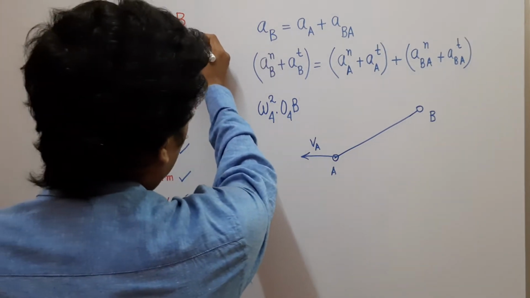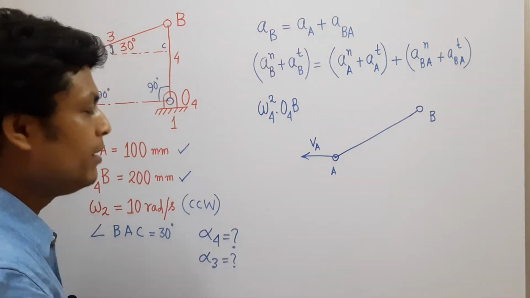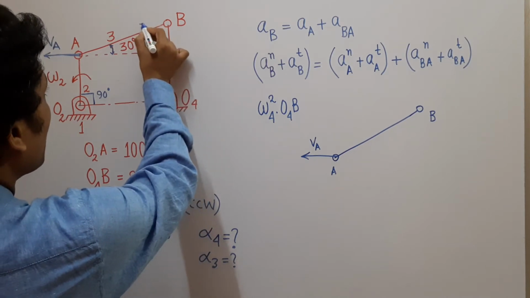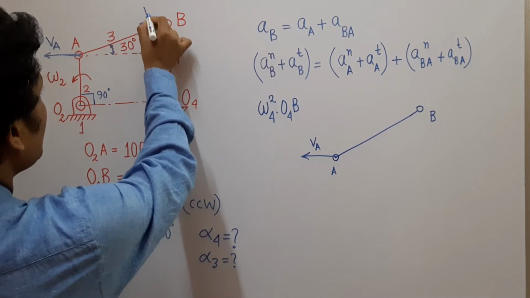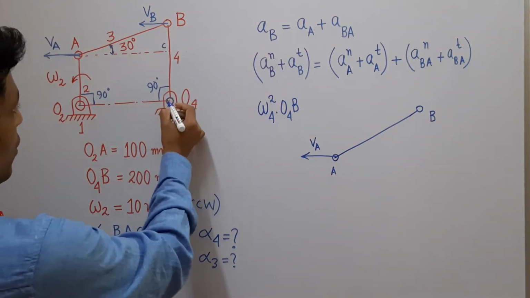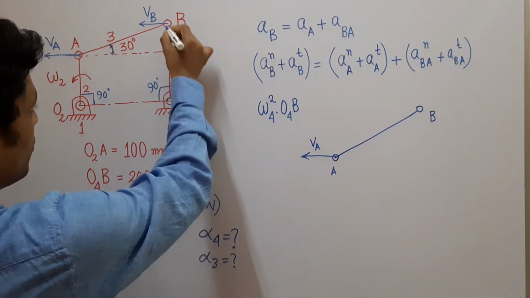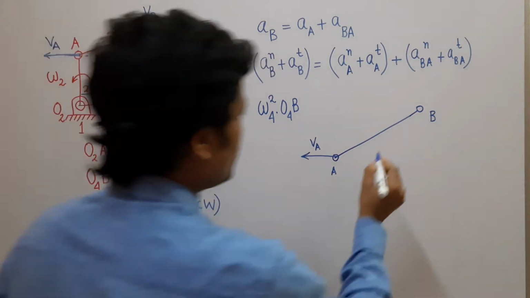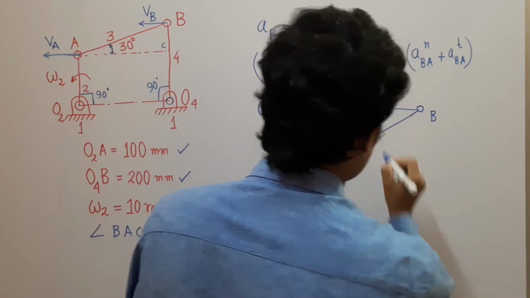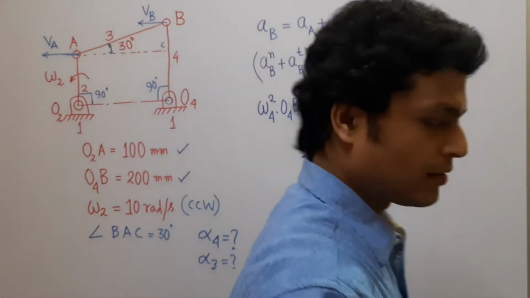Similarly, the point B is on link number 4. So velocity at point B will be also along horizontal direction or perpendicular to O4B. So VB is along this direction.